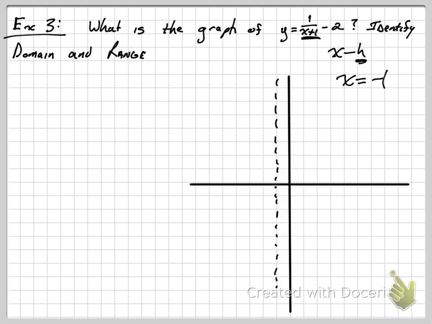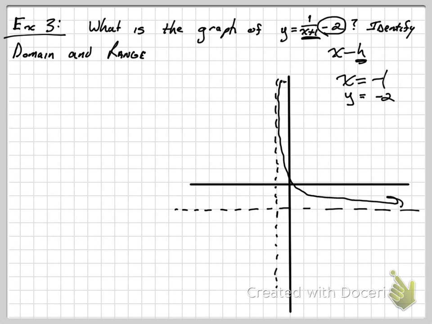What about my y? Let's come over to where the k is. The k is negative 2, so my horizontal asymptote is y equals negative 2. Let's go down to 2 and draw your line. Once you sketch your asymptotes, you can go ahead and draw this graph. Again, it comes close to the asymptotes but never touches them, in both directions.